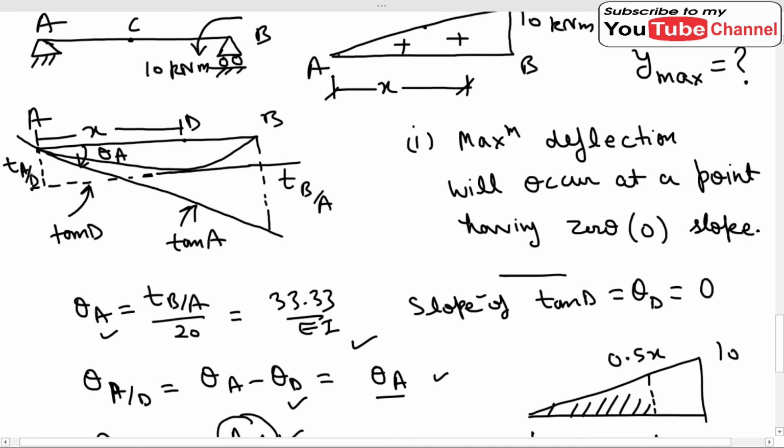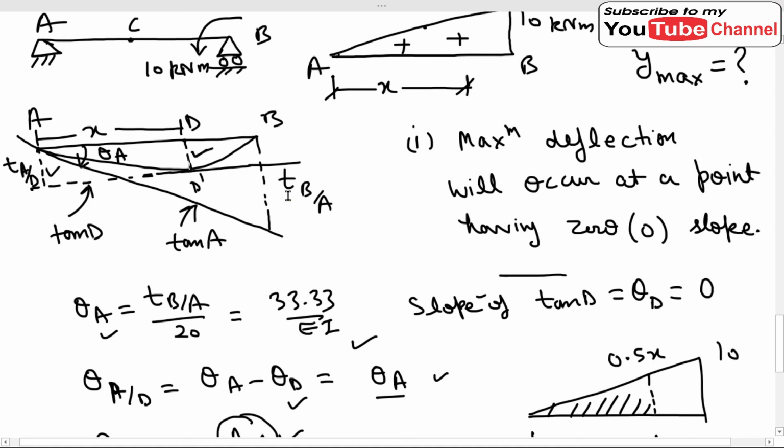If we find this value, it will give us the maximum deflection, because this tangent is horizontal. So this value t A over D will be equal to the maximum deflection. Let's say that this is D dash. So t A over D will be equal to the maximum deflection which is occurring under point D.